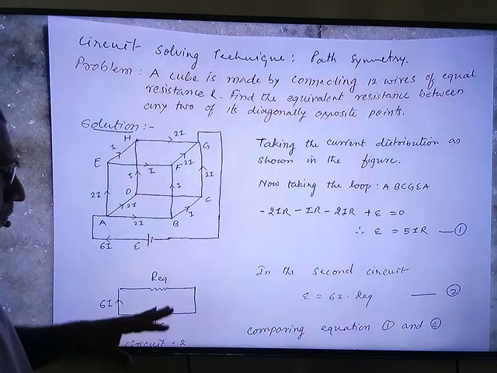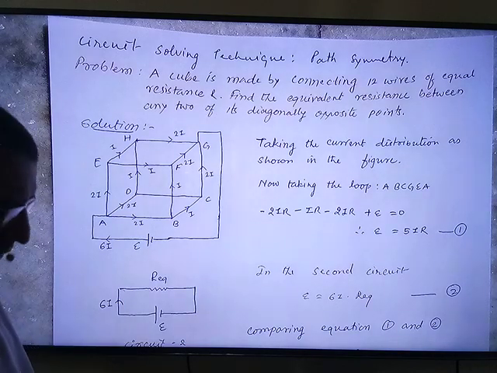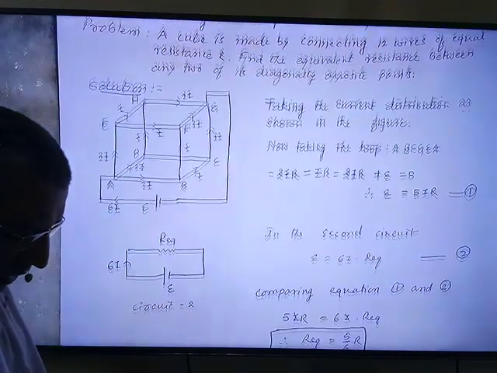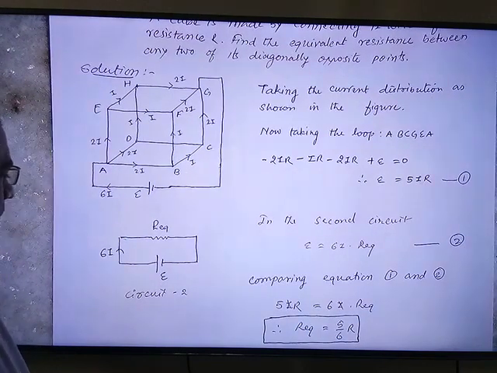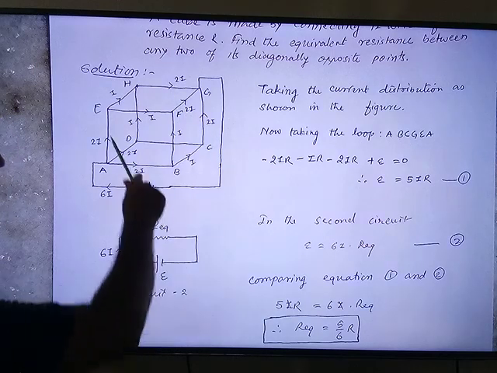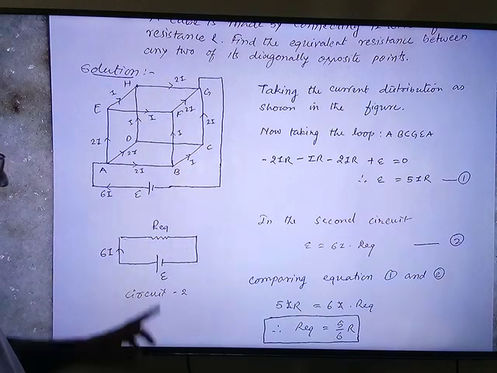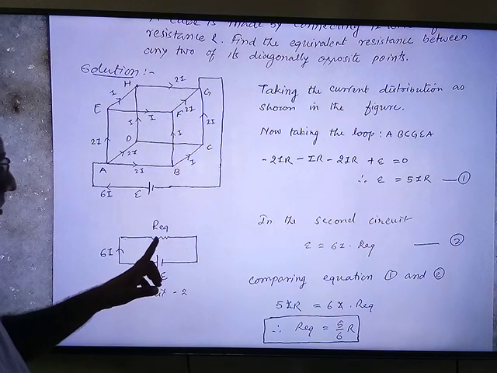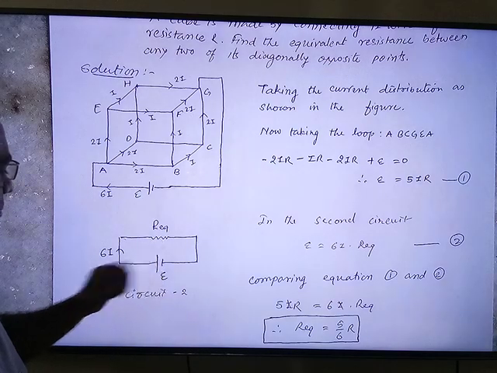Now, to find the equivalent resistance of this circuit, I have drawn the equivalent circuit. Let's say the same battery epsilon is applied. Instead of the skeleton of these resistances, only a single equivalent resistance REQ is used.